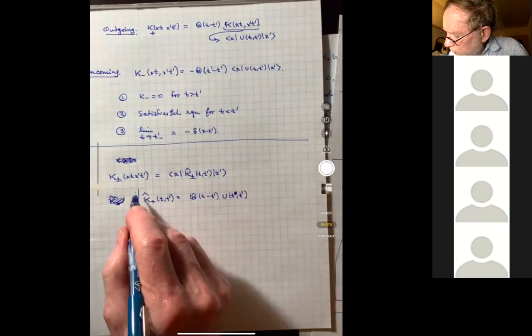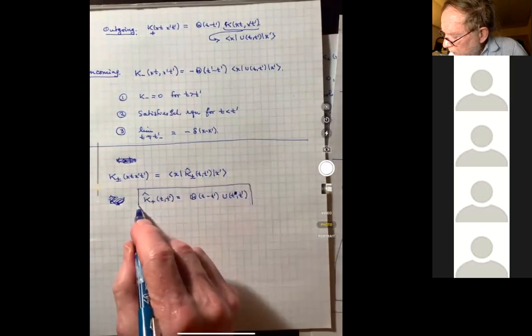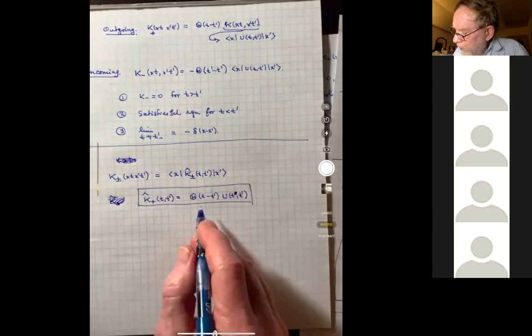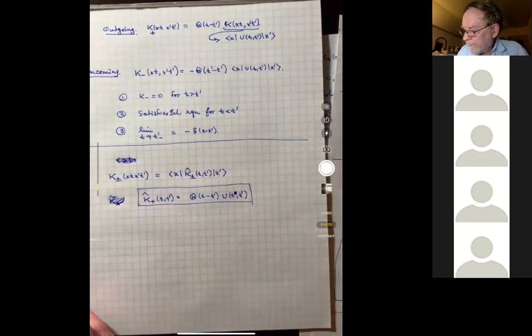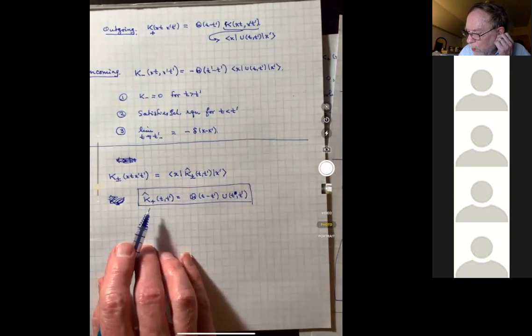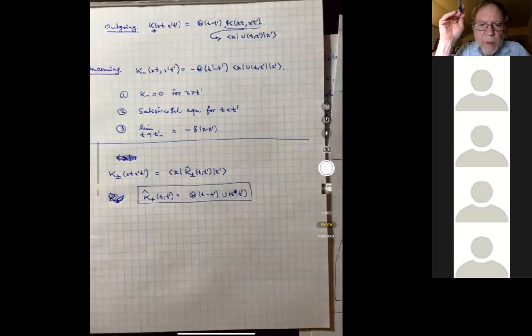So it's a step function times U. With the K minus, you reverse the t and t prime and put an overall minus sign in there. So this defines what I'll call the Green's operator, the time-dependent Green's operator. And the Green's function is just the matrix elements of it.